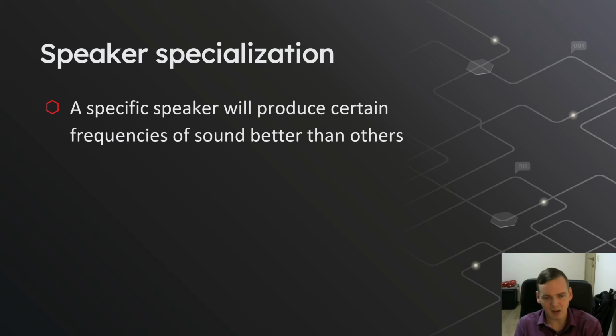The first number is how many speakers are producing your mids and highs. And then that .1 or that .2 tells you how many subwoofers you have, I believe. But the point here is we can use different speakers to specialize in different ways to talk about different frequencies.